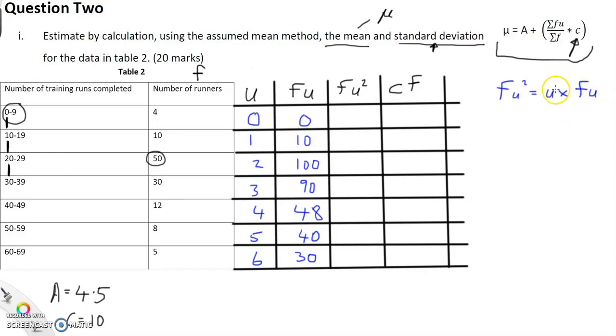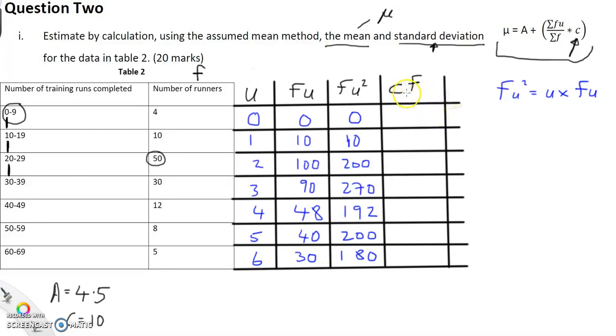So to get this column, we just multiply these two columns together. 0 times 0 is 0. 1 times 10 is 10. 2 times 100 is 200. 3 times 90 is 270. 4 times 48 is 192. 5 times 40 is 200. And 6 times 30 is 180.